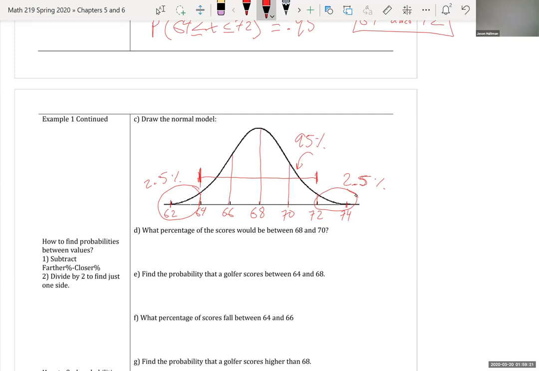What percentage of scores would be between 68 and 70?